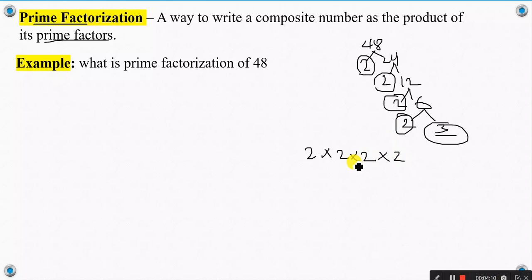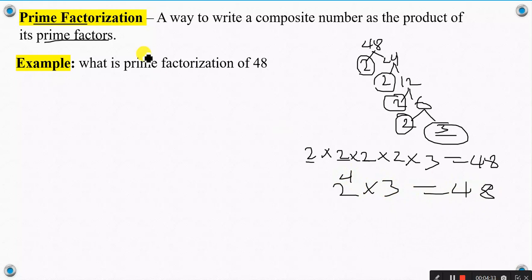How many 2s? Four. So we can write any number by prime factorization. Here we have 2 to the power of 4 times 3, which means 48. So prime factorization is like this.